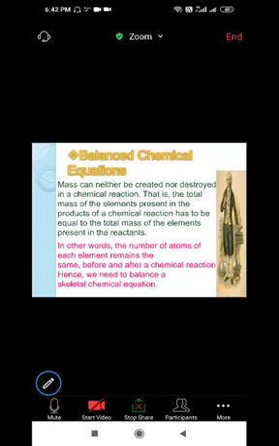So each and every time you write a chemical equation, it is very important to balance it, right? And how do we do that? We just need to keep in mind that if there are two atoms of hydrogen on the right hand side, or on the left hand side, then it has to be the same on the other side of the chemical equation. Is this clear to everyone? Right, so this is a balanced chemical equation.